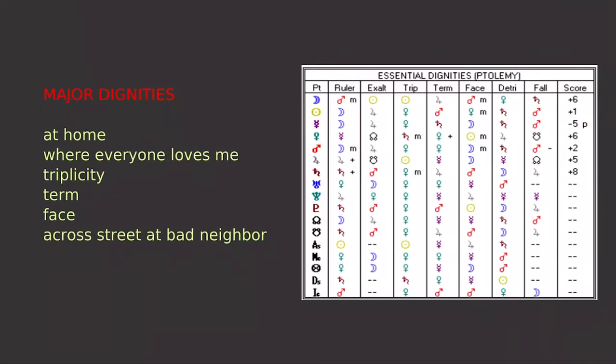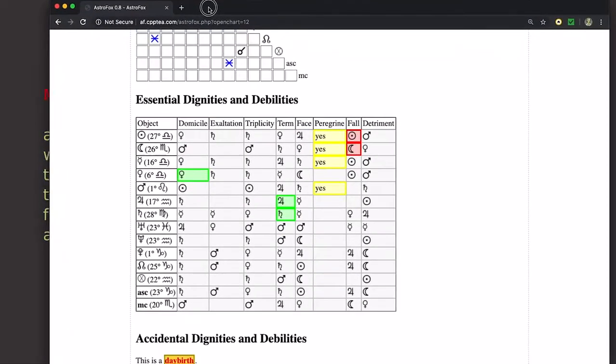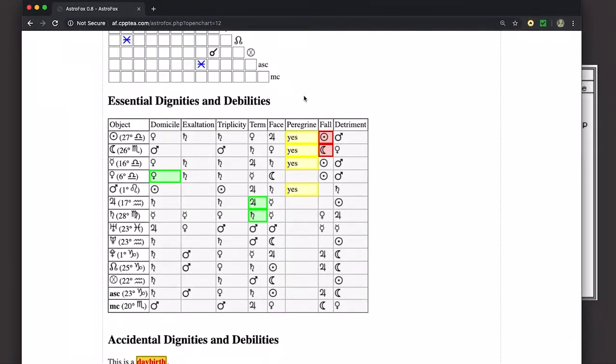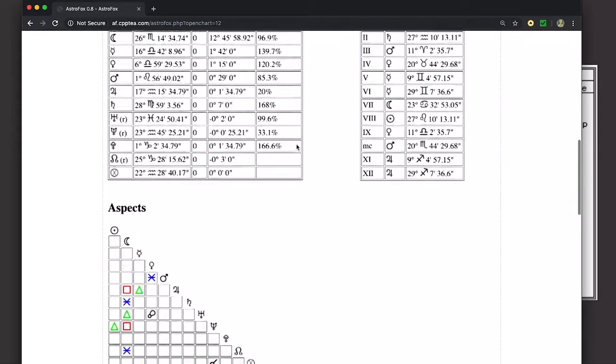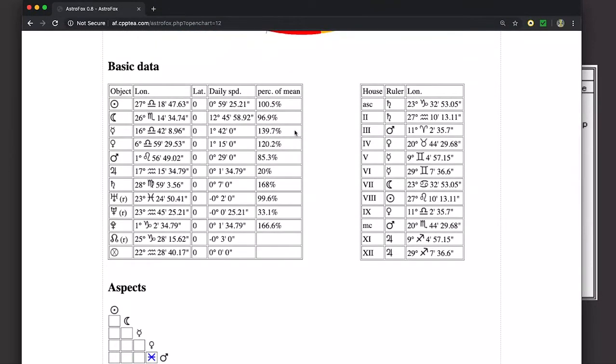Well, let's explain. But before we do that, we can use a website. If you look on Google for AstroFox, you'll see AstroFox is a wonderful site to run your chart. Unfortunately, it doesn't recognize locations. You have to put in your latitude and longitude, but whatever. So we have rulers. It figured it out for us for free.